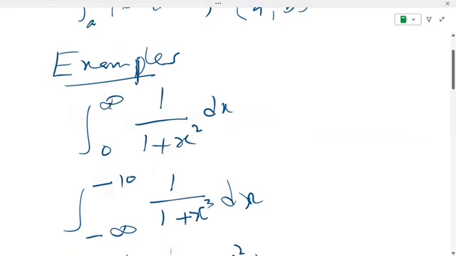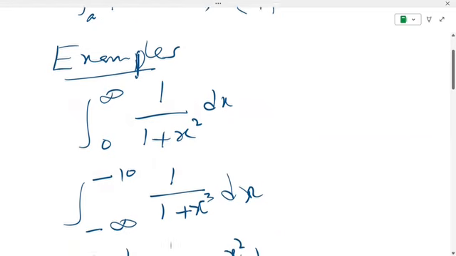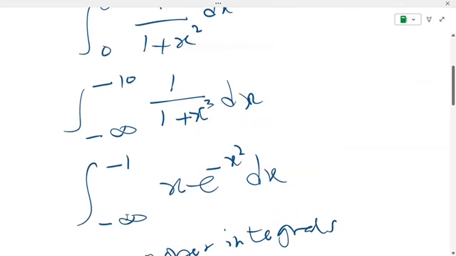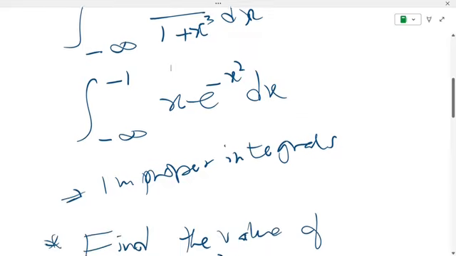Here the upper limit is infinity. Over here, the lower limit is negative infinity, and over here too, the limits are negative infinity and infinity. If you look at the limits, one, or sometimes both, being infinity defines an improper integral.